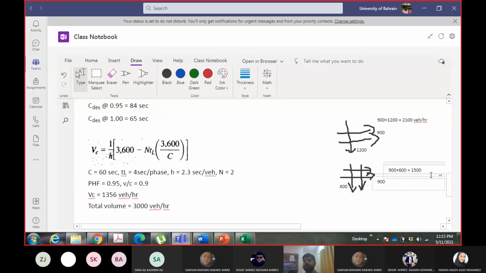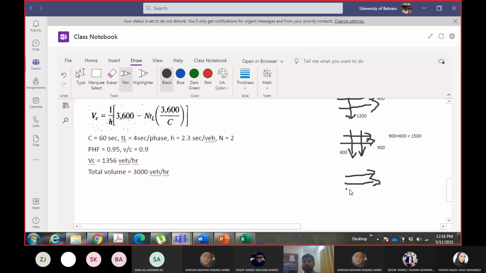So now I will increase more lanes where I have more volume. So now the volume, you can see per lane is higher in the east-west direction, right? In the east-west direction, I have more volume, 900. So I will increase one more lane here. I'll make 3 lanes now. Total was 1800 in this direction.